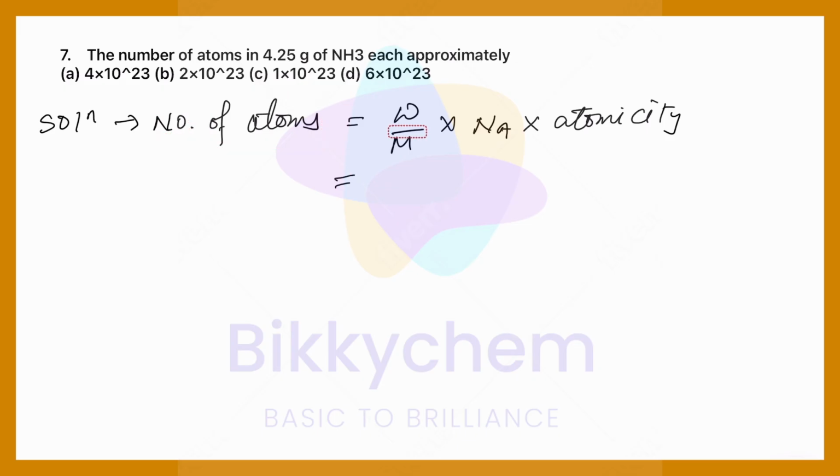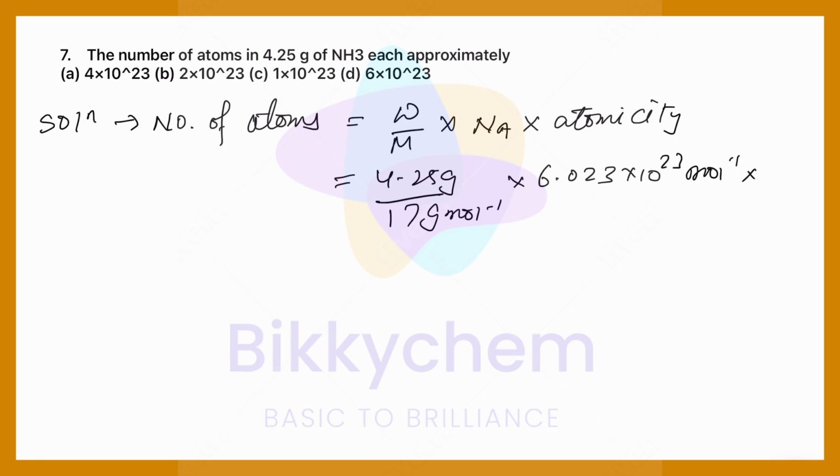So it is 4.25 gram divided by 17 gram per mole into 6.023 into 10 to the power 23, into atomicity. Since there is NH3, 3 H and 1 nitrogen, so it is 4.